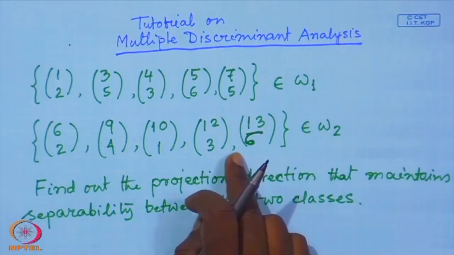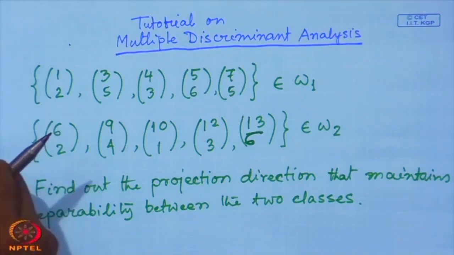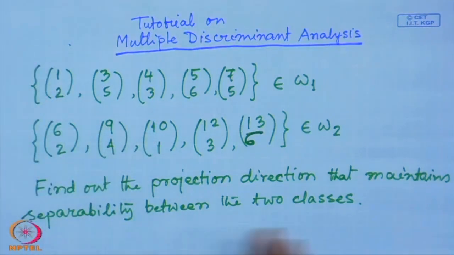Okay. So, we have these 5 feature vectors from class omega 1, and we have the 5 feature vectors from class omega 2. Right. So, first, if I want to find out the projection direction for best representation, then what we have to do is find out the eigenvectors of the covariance matrix of these data elements.